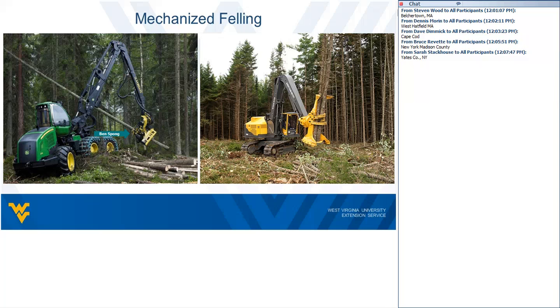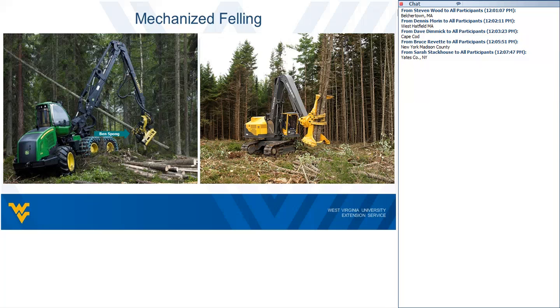That harvester head can actually cut the tree at the stump. It then can lean or push that tree one direction or the other to lean it down onto the ground. It then has wheels that suck that stem through the head there, and it has knives on it that remove the limbs as it's sucking it through the head there.